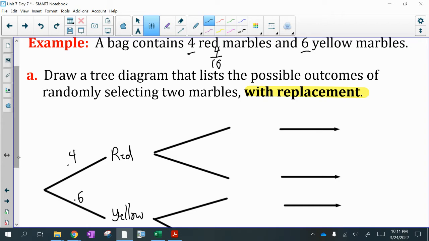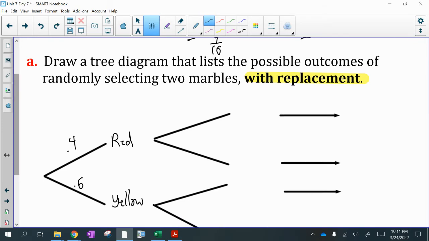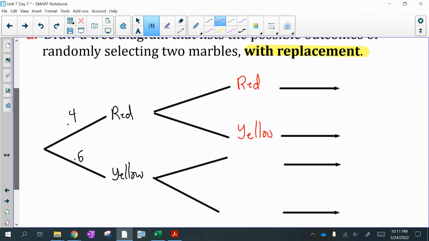Well, then we're going to randomly select 2 marbles. Note it has replacement, so I put the marbles back in. What are possible outcomes after I've drawn my first red marble? Well, I could draw a second red marble. I could draw a yellow marble, and I could also go down here, and after drawing a yellow marble, I could draw a red marble, and I could draw a yellow marble.